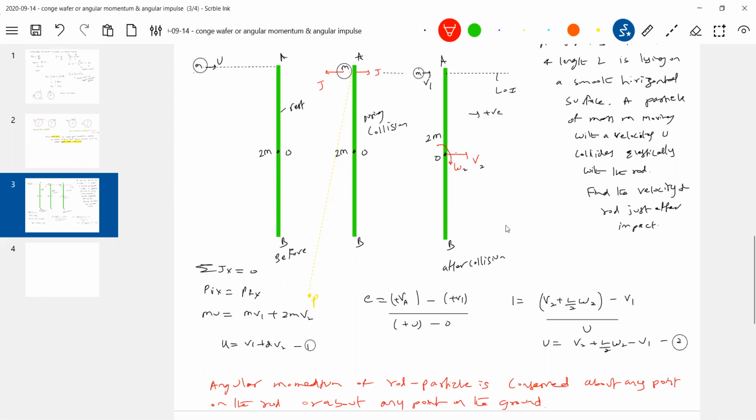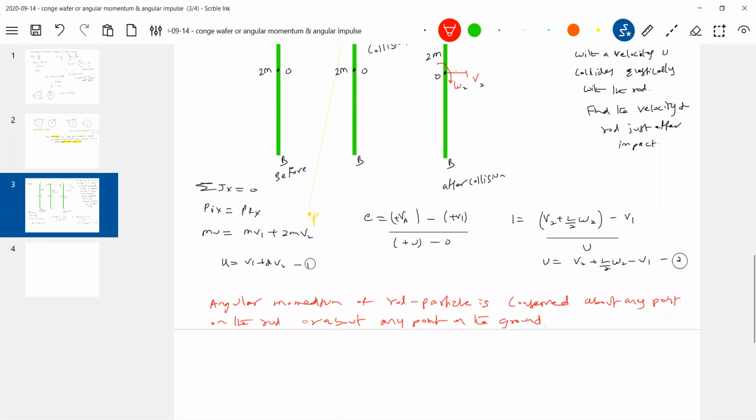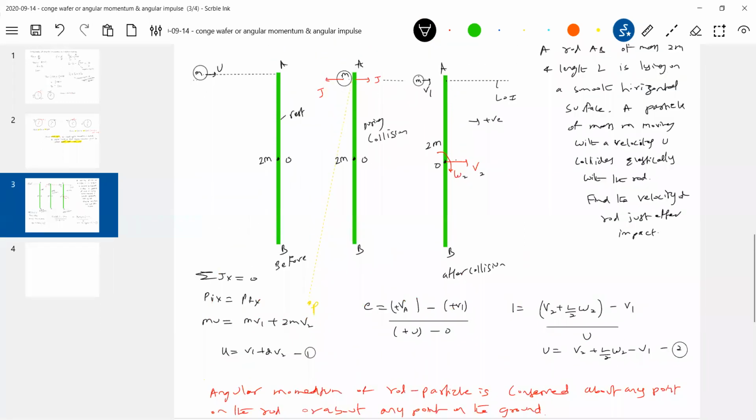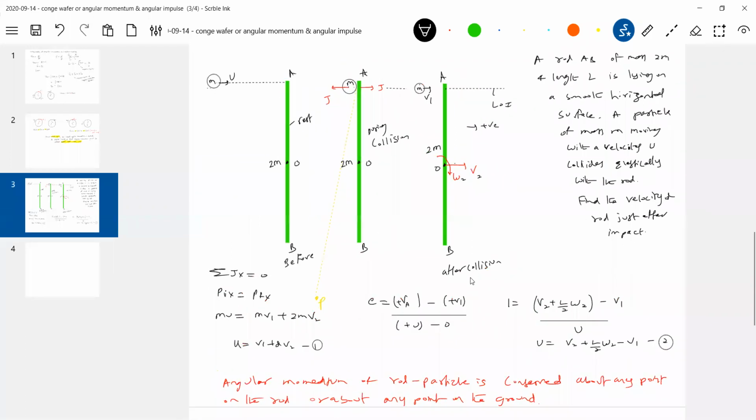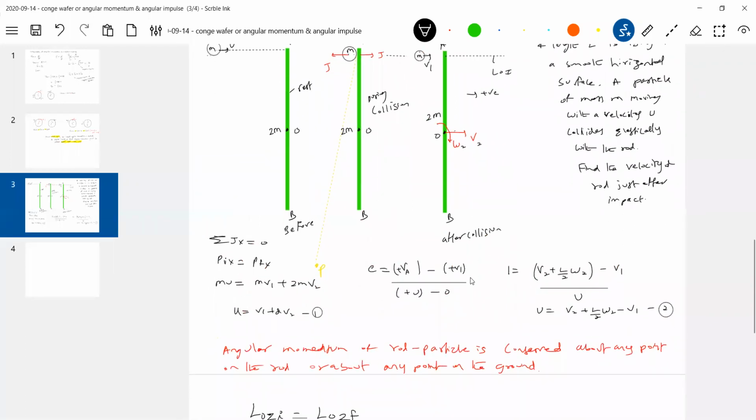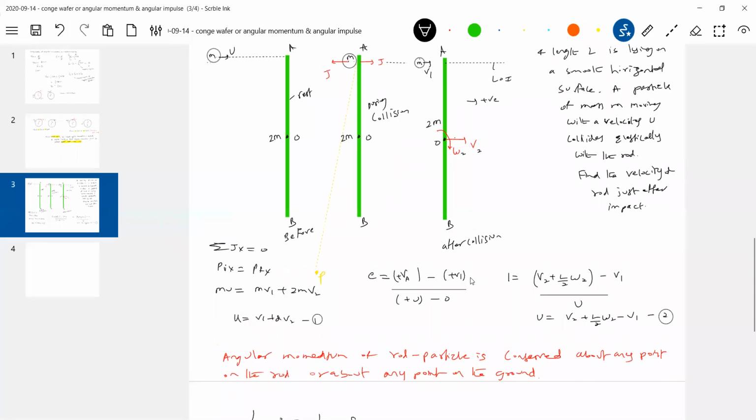But I'll consider about O. This I can consider about any point. Okay, now I'll get into the problem. I'll consider about O. L_Oz initial is equal to L_Oz final. What is the initial angular momentum? Anybody, can you write the initial angular momentum?